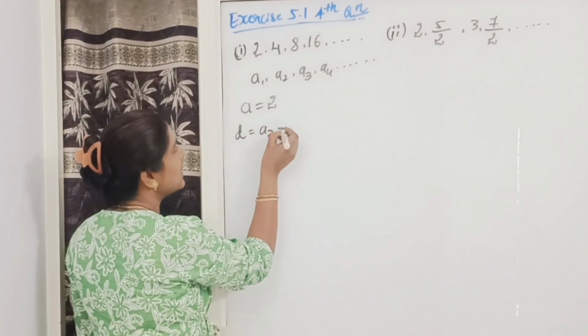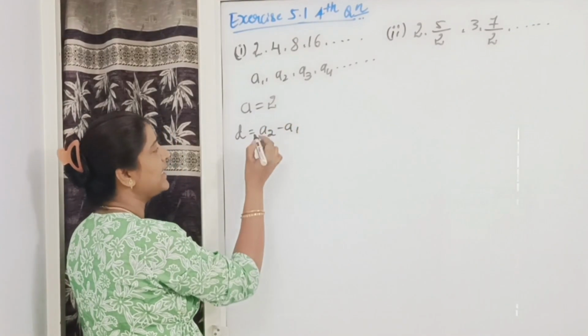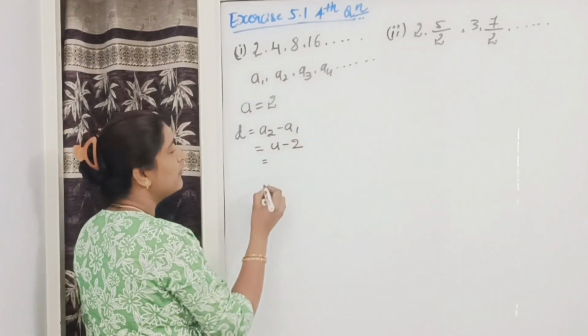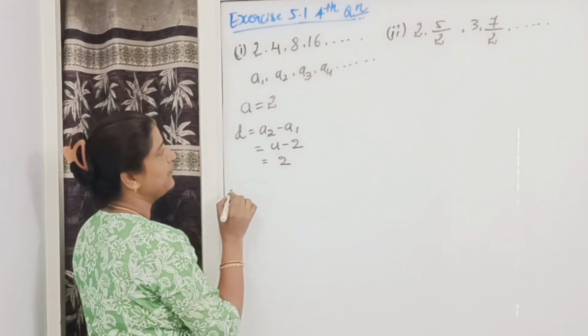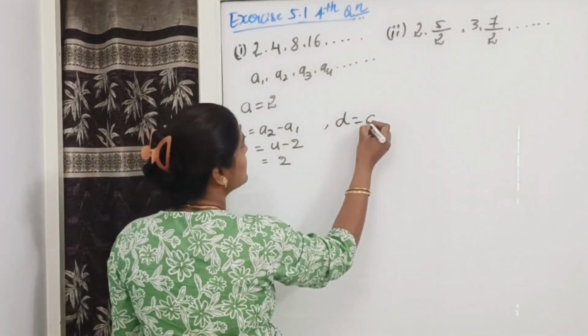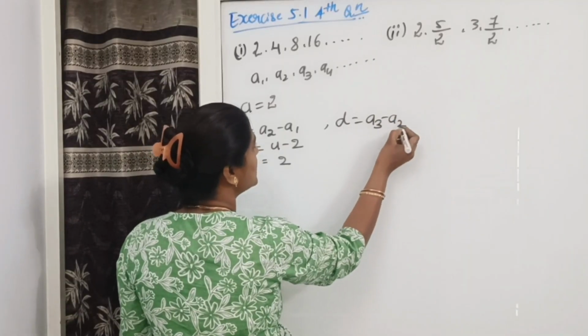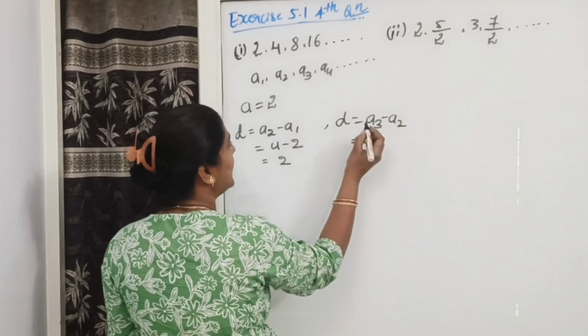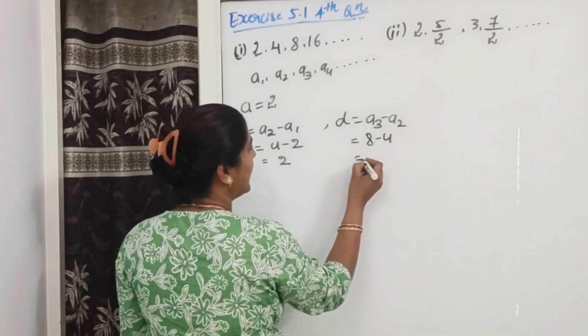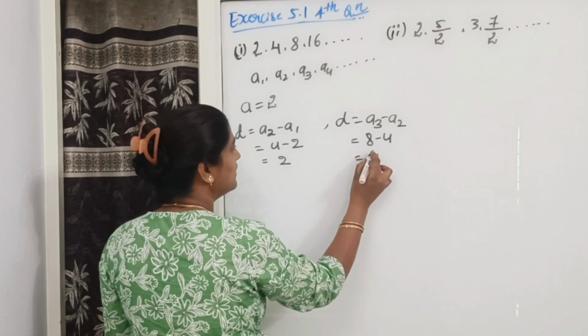It is the subtraction of 2 successive terms, a2 minus a1, which is 4 minus 2, that is 2. And what is the next d? That is also the subtraction of 2 successive terms, a3 minus a2. a3 is 8, a2 is 4.